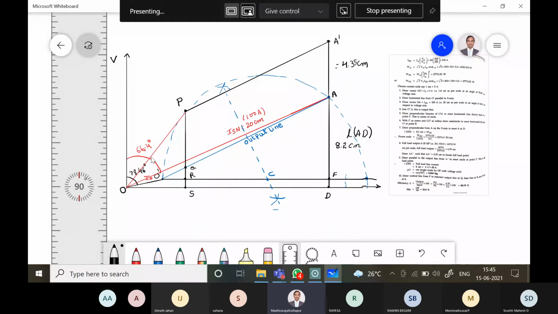Measure the length of OP. How much did you get? Also measure the angle between this and this.